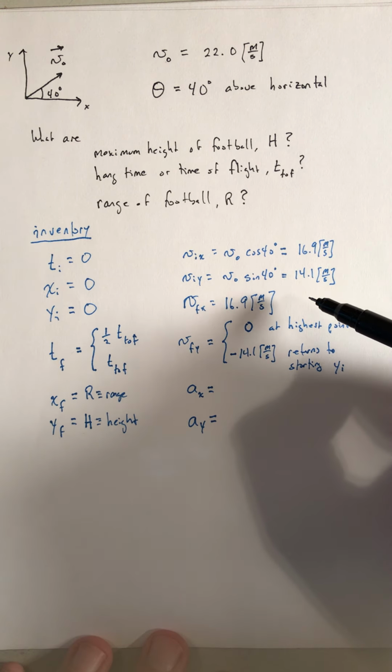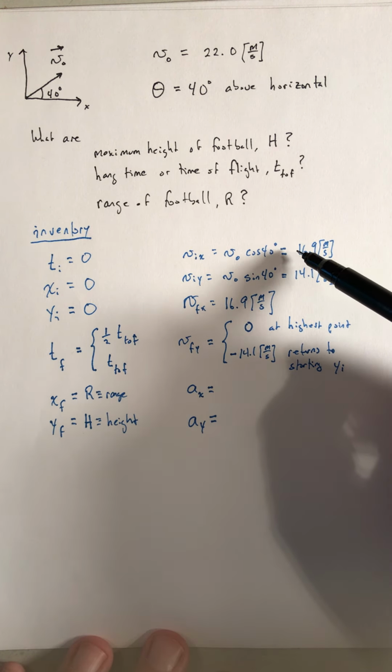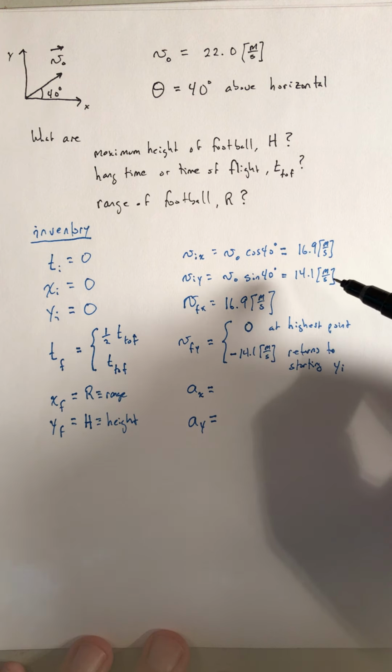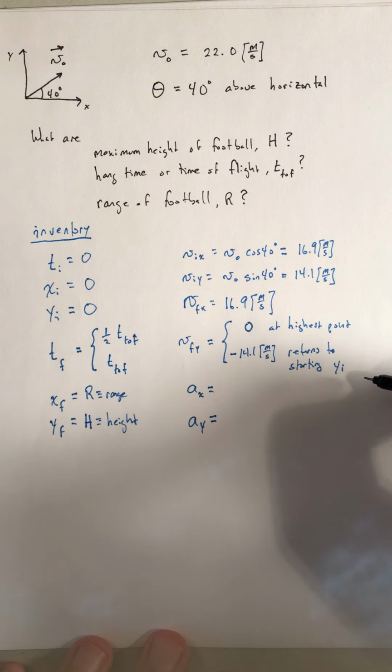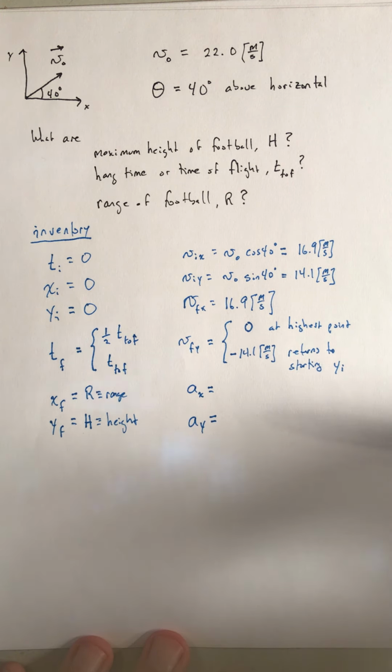So if it was initially going up at 14.1 meters per second, it's going to be going 14.1 meters per second down right before it reaches the ground again.